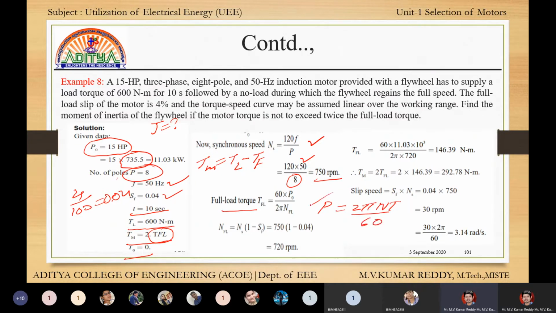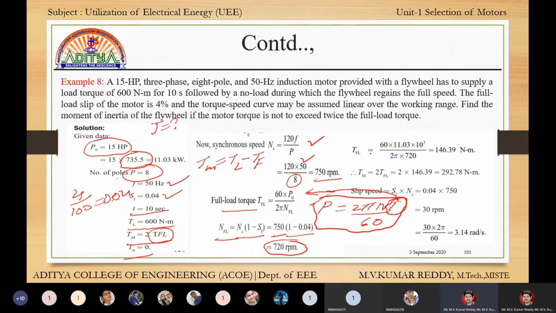Full load speed is equal to synchronous speed into 1 minus s, that is 750 into 1 minus 0.04, so the full load speed is 720 rpm.